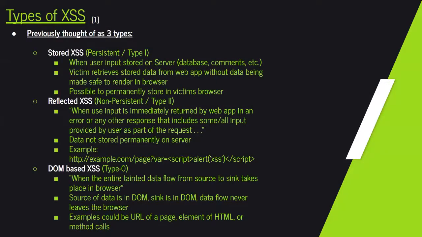Cool. So when cross-site scripting was first discovered, they categorized it in three different types. There's stored cross-site scripting, or type 1. There's reflected cross-site scripting, which is type 2. And then there's DOM-based cross-site scripting, which is type 0. Stored cross-site scripting is what happens when an application receives data from an untrusted source, and it includes that data within its later HTTP responses in an unsafe way.